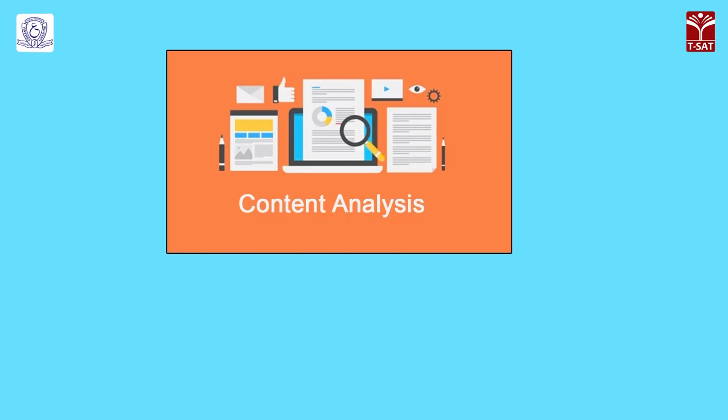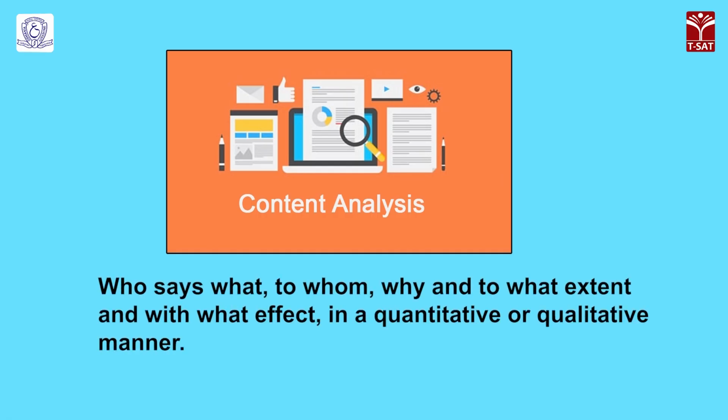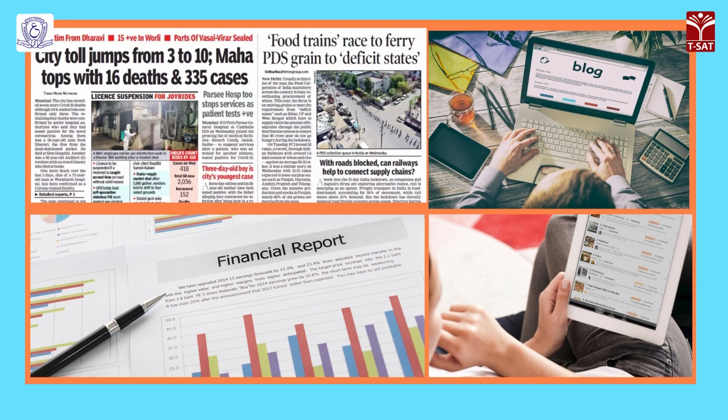Another method of qualitative data analysis is content analysis. It is the systematic analysis of the content of a text, for example, who says what, to whom, why and to what extent and with what effect in a quantitative or qualitative manner. When there are many texts to analyze, for example, newspaper stories, financial reports, blog postings, online reviews, etc., the researcher begins by sampling a selected set of texts from the population of texts for analysis.